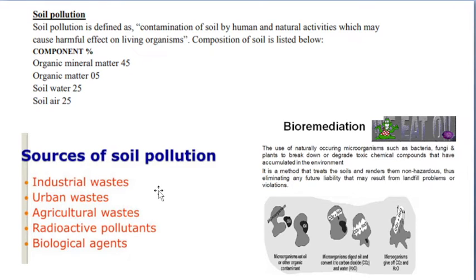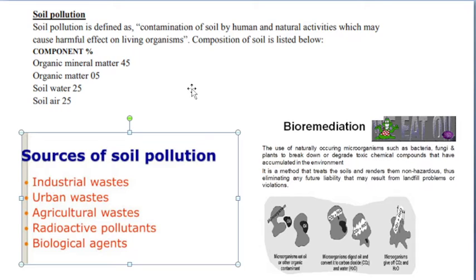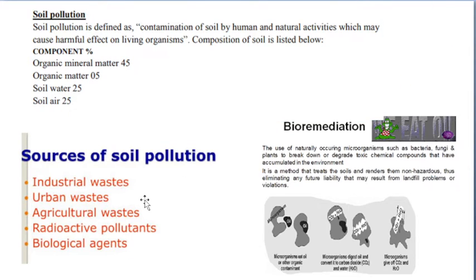Means what are the places or the points from where different soil pollutants are coming and polluting the soil. So these major sources are industrial waste, urban waste, agricultural waste, radioactive pollutants, and biological agents. They are very much responsible for altering the properties of the soil.